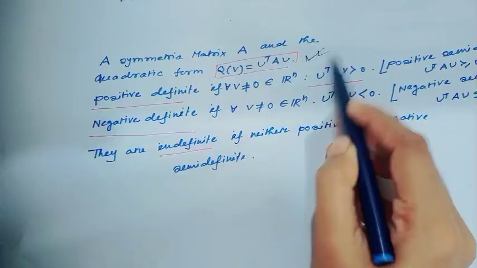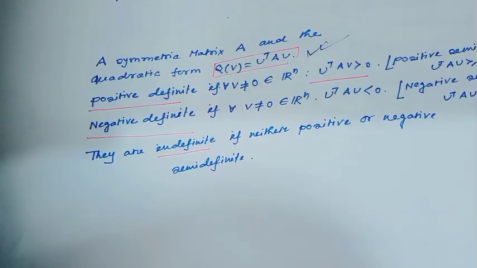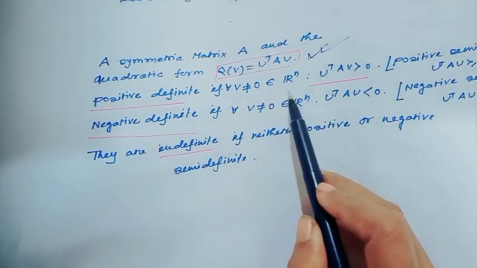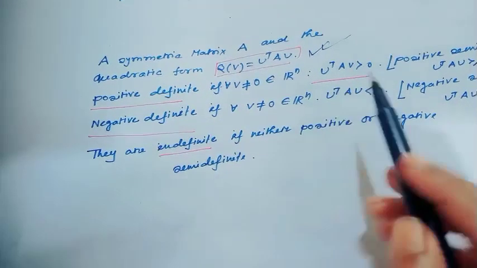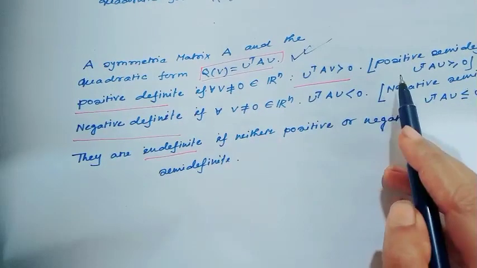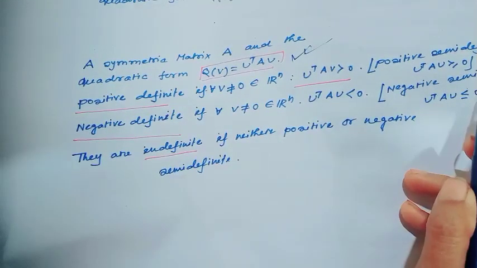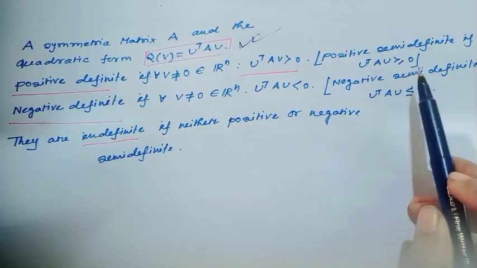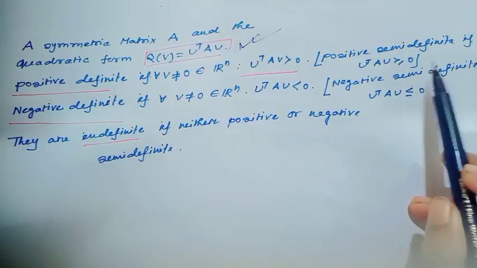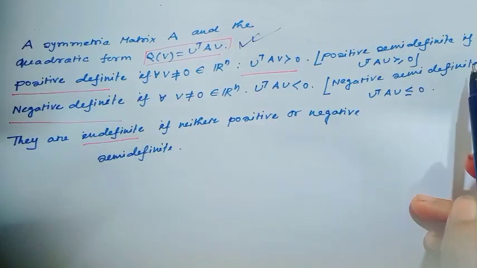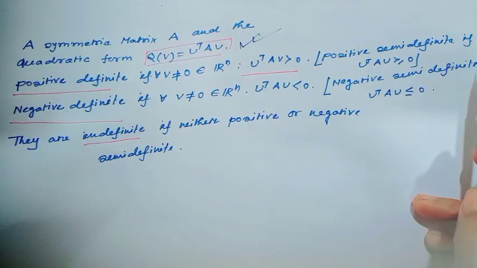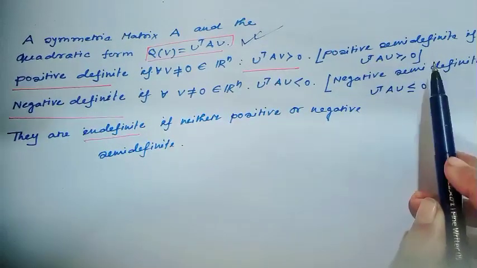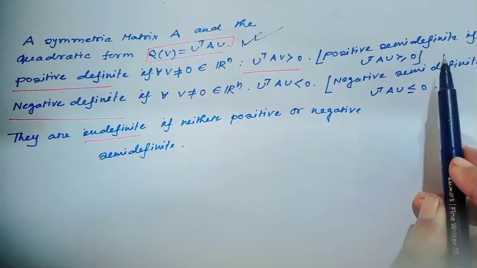This is the quadratic form, and it is positive definite when for all non-zero vectors v in Rn, v transpose A v is strictly greater than 0. And positive semi-definite if v transpose A v is greater than or equal to 0, that means it equals 0 when v equals 0.